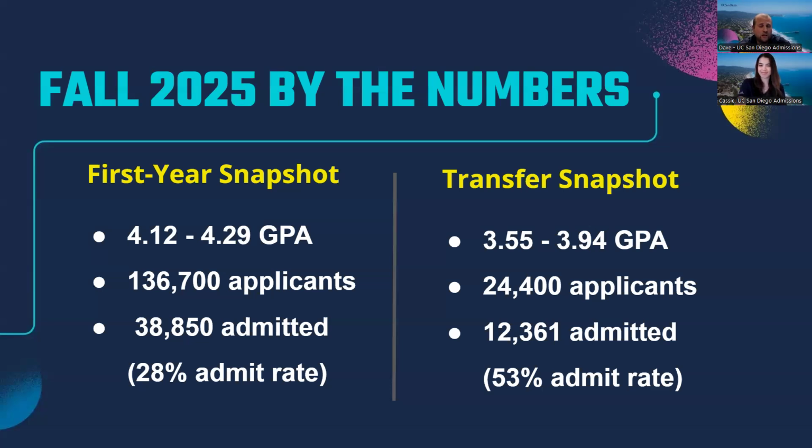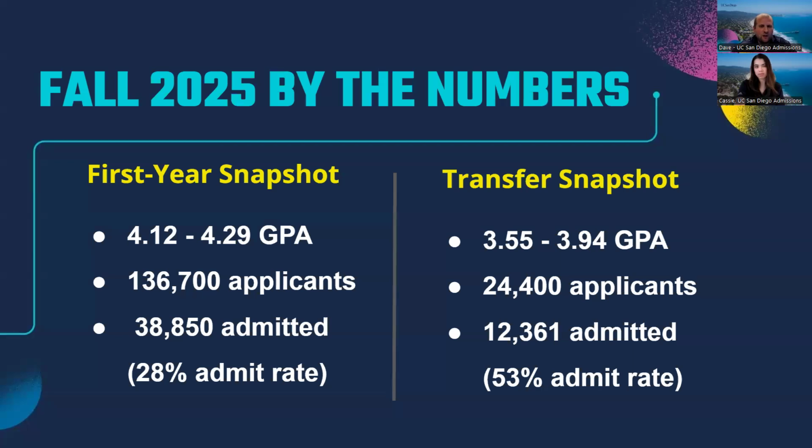Great, thank you so much, Cassie, for highlighting that. It's really important for students to remember not to be discouraged if their GPA is lower than the range here. We really strongly encourage you all to apply if you meet that minimum GPA requirement, because we conduct a holistic review of our application.